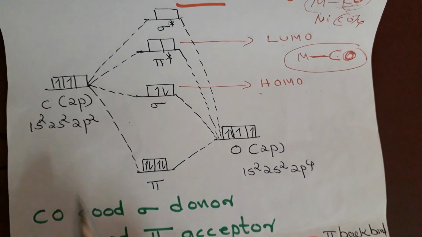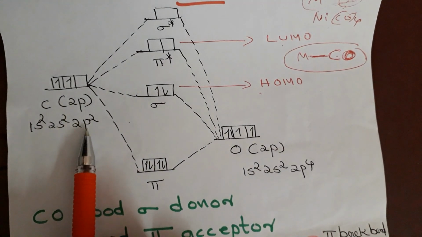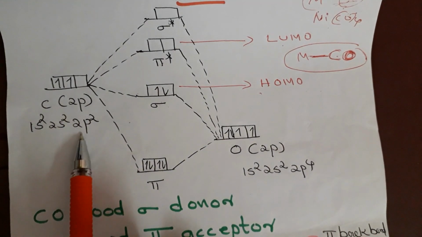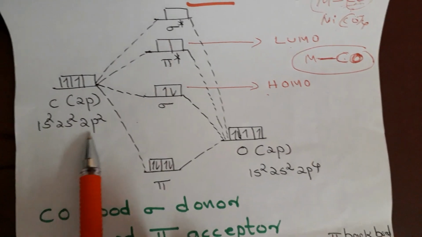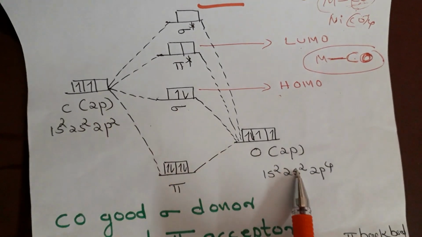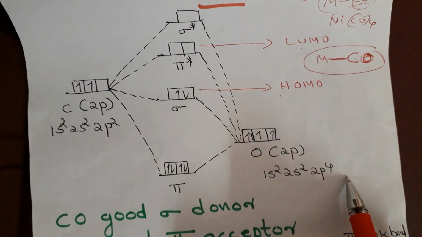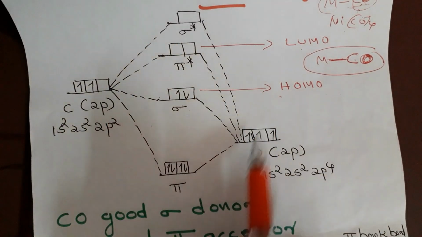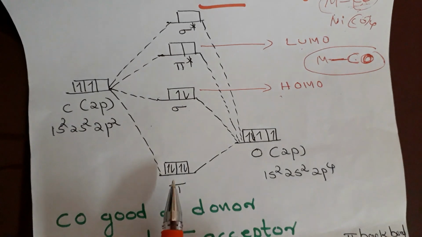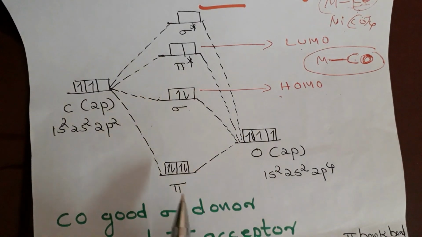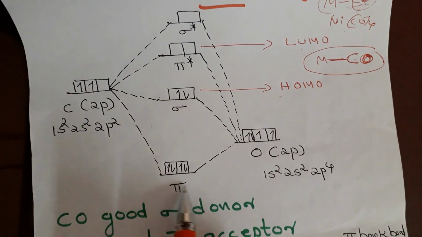Then the atomic orbitals: carbon is 6, 1s2, 2s2, 2p2. Then oxygen 1s2, 2s2, 2p4, atomic number 8. So this is the p orbital only; I didn't write the s orbital. The pi 2px and pi 2py are completely filled.